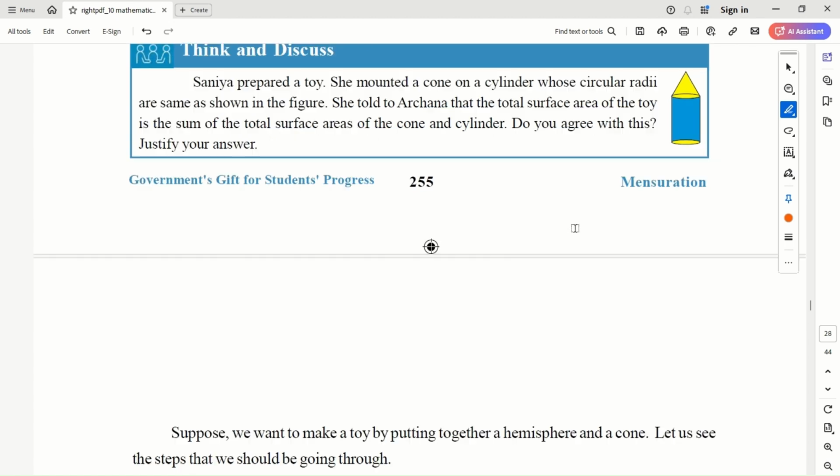Whereas for volumes, the volume is the sum of those two. Volumes will always sum up when you add two objects, but total surface area doesn't add up. Some surface area vanishes when you attach those two objects, something gets subtracted.